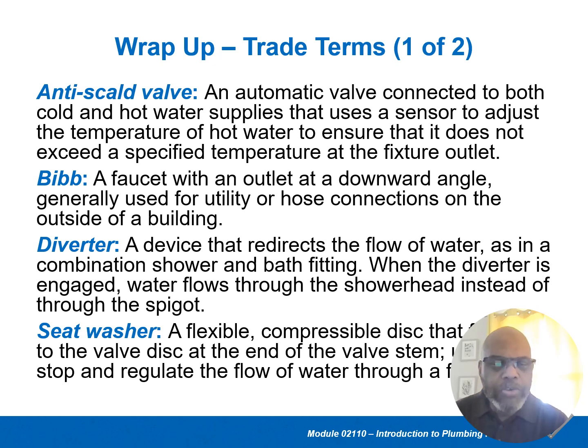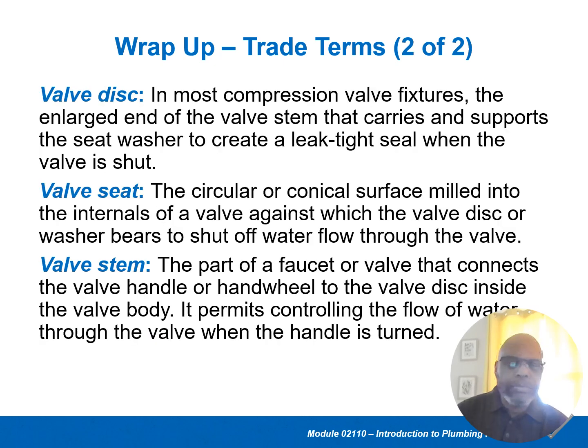A seat washer is a flexible, compressible disc. It's usually made out of rubber, and it's found in compression type faucets. A disc or valve disc, in most compression valve fixtures, is the enlarged end of the valve stem that carries the seat washer to create the leak tight seal when the valve is shut.